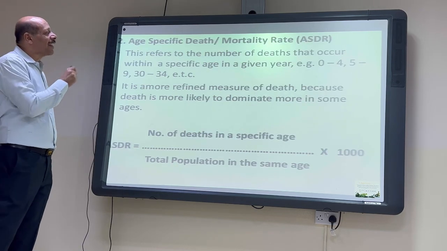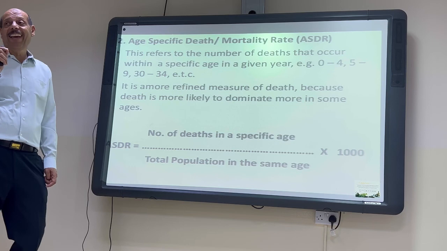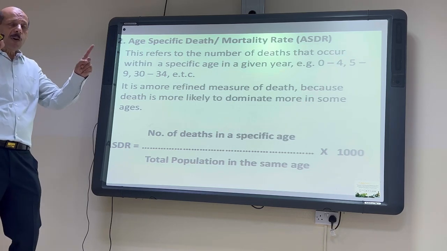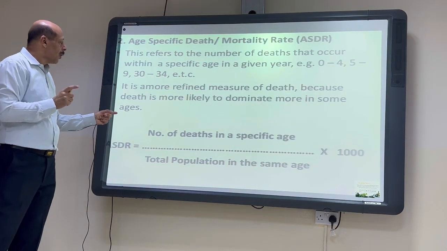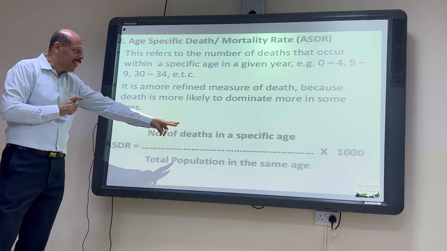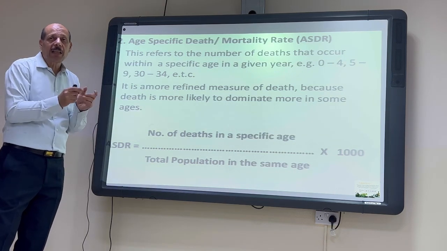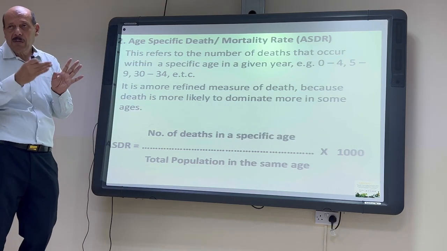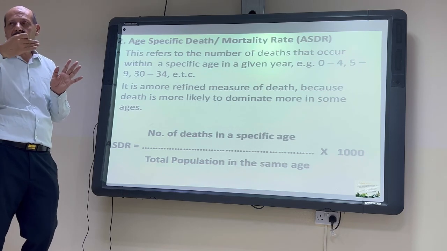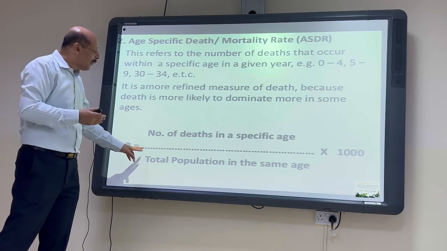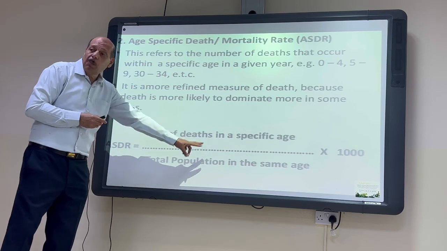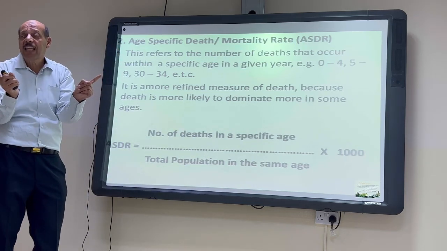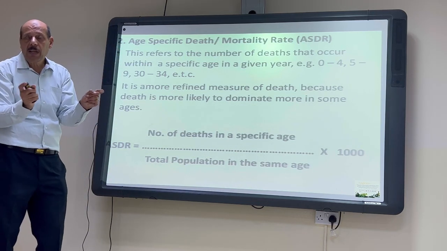The age-specific death rate or mortality rate is for an age group. So it is the number of deaths in a specific age, like the age 65 and plus, divided by the total population at the same age.